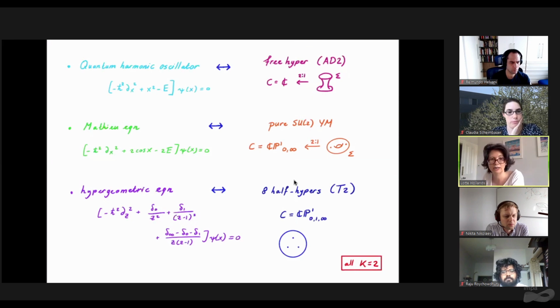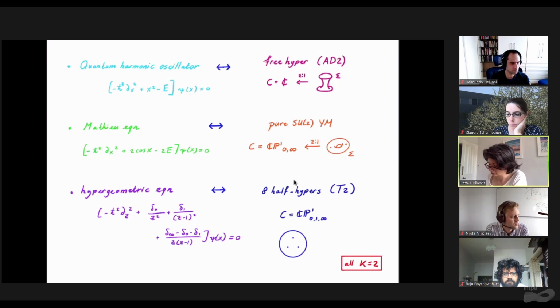The Mathieu equation, on the other hand, if you complexify that equation, becomes a differential equation on the twice punctured sphere. It corresponds in physics to the pure SU(2) Yang-Mills theory, and its spectral curve or Seiberg-Witten curve is a punctured torus.